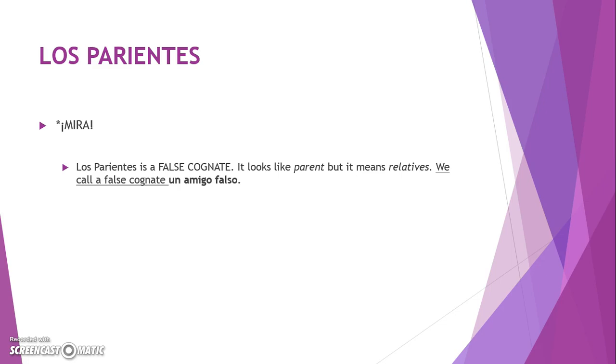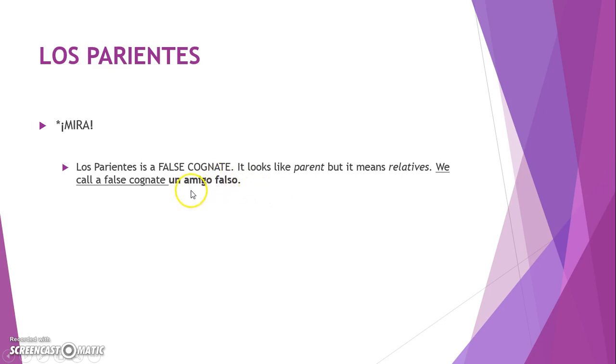Okay, the next word I want to cover is los parientes. And if you look at it, it kind of looks like it would be a cognate in that it would mean parents. However, oye, los parientes is a false cognate. It looks like parent or parents, but it actually means relatives. We call this false cognate un amigo falso.